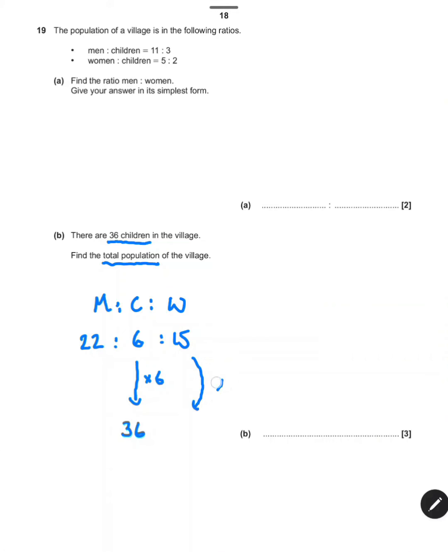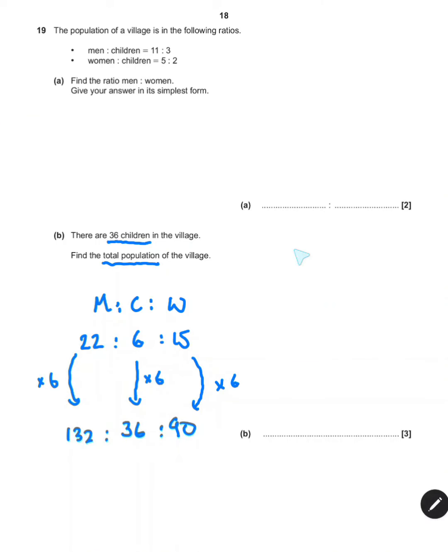We just need to multiply each part of this ratio by 6. 6 times 15, 6 tens are 60, 6 fives are 30, 60 add 30 is 90. On this side, 6 twos are 12, 6 20s would be 120. So we're going to need to do 120 add 12, which is 132.